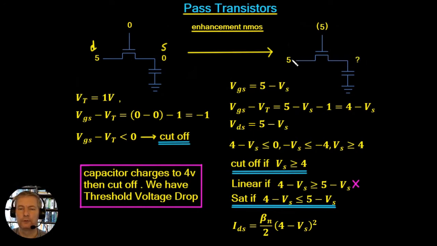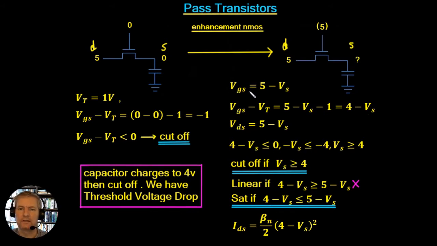Again, we can use the same current equations that we've seen. We can look at the VGS. Again, we've got the drain here and we've got the source at this side here.